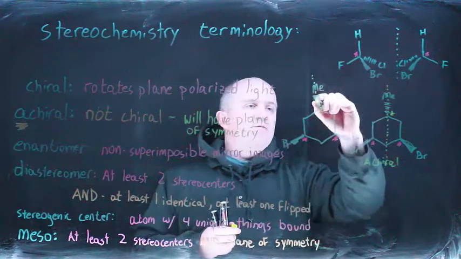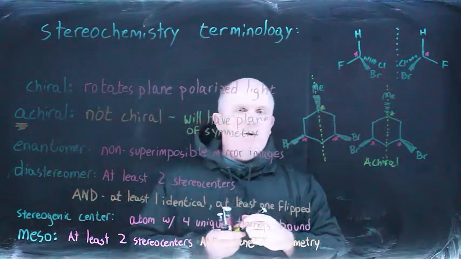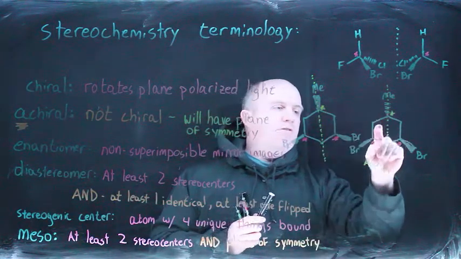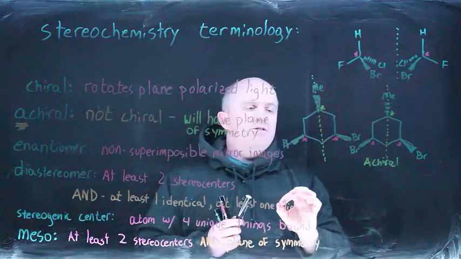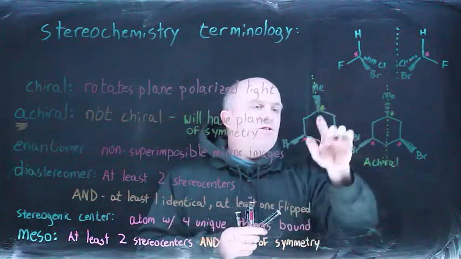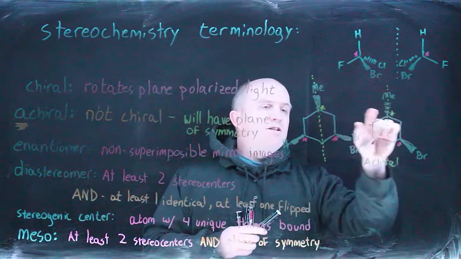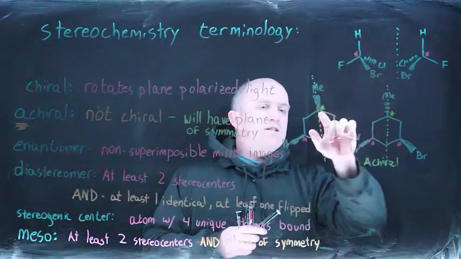This molecule, of course, is achiral because it has the plane of symmetry running right smack down the middle, and yet this molecule and this molecule are diastereomers of each other, and that's because the bromines have stayed the same, but the pseudo-stereocenter, the not a stereocenter because of the symmetry, but it could be, is properly known as a prochiral center. Not yet chiral, but could be, if you desymmetrized. That spot has flipped.